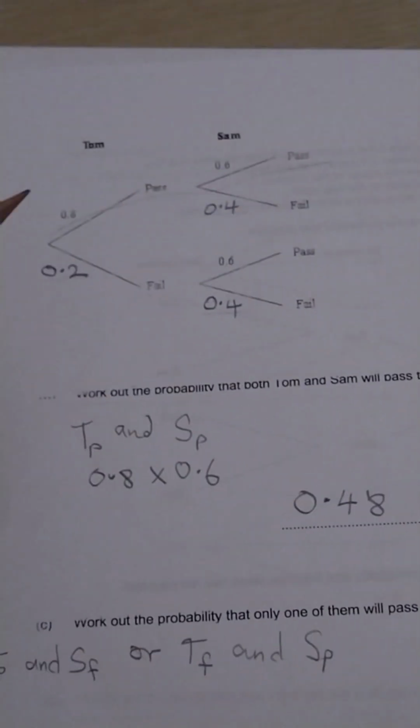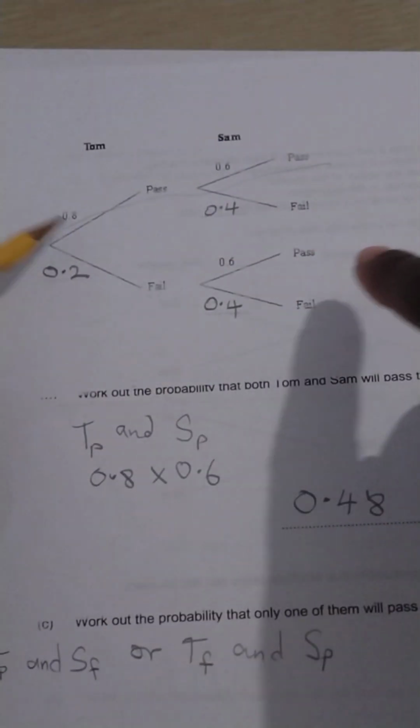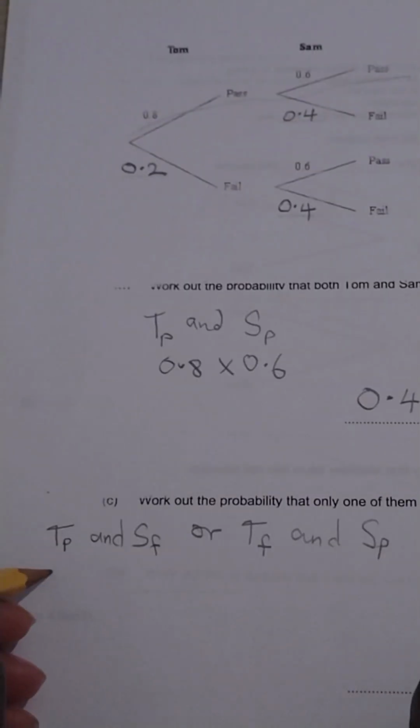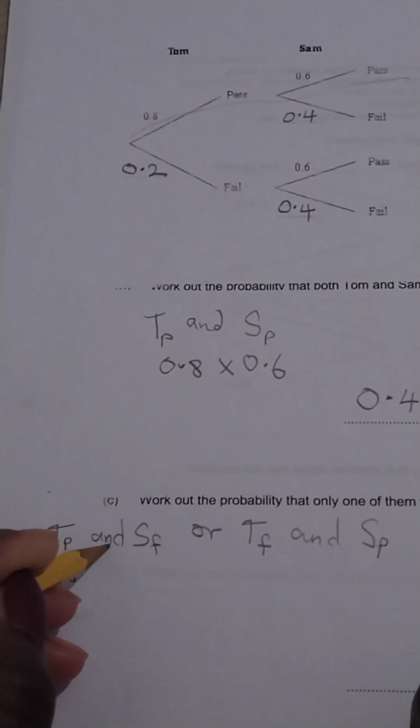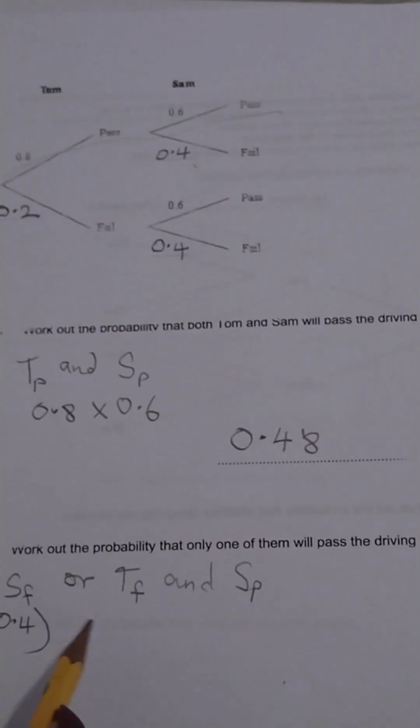So the probability that Tom passes is 0.8, that one there, so we're going to write it down. And means times. Now if Tom passes, the probability that Sam fails is 0.4. I'll put that down here. I'm introducing a bracket, or means to add.